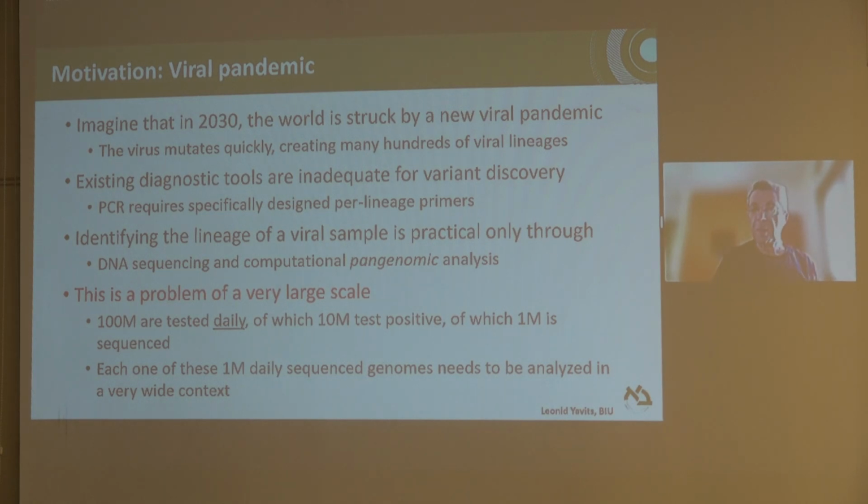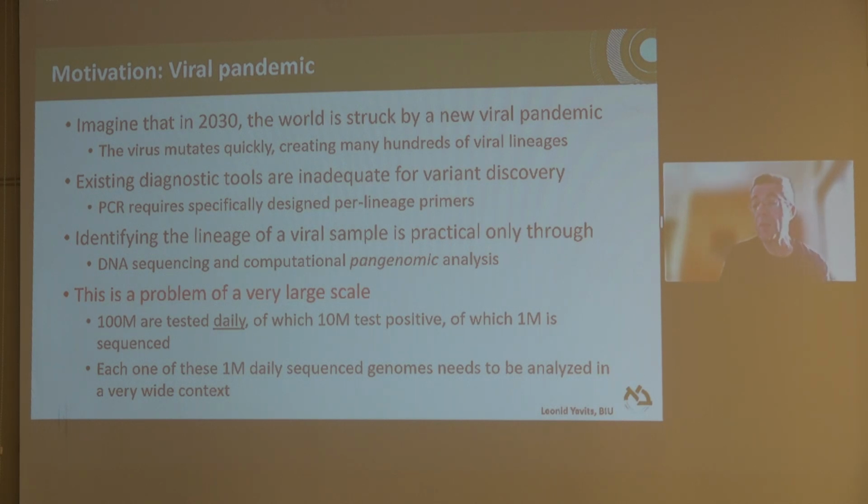One of the lessons of COVID-19 is that the polymerase chain reaction test, which is the main diagnostic tool used today, is not really adequate for serious variant discovery, because first, it cannot discover new variants, and second, to classify newly obtained samples into existing lineages or families, it requires so-called primers to be designed per lineage, and that's an expensive and very lengthy process.